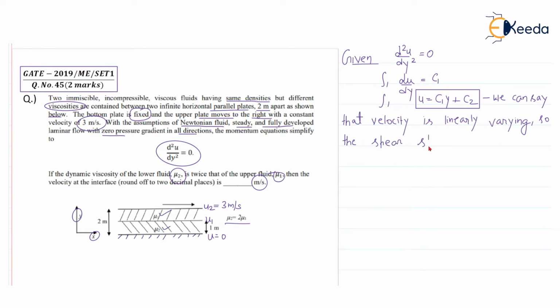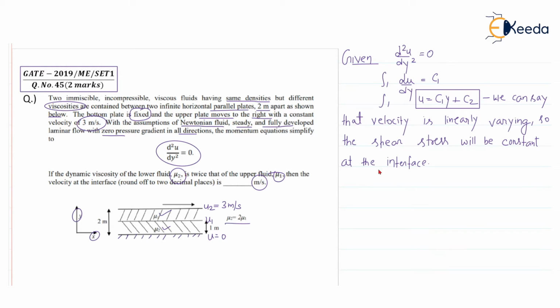Shear stress will be constant at the interface. So whenever you have a linear velocity profile between the two plates, at the interface when it is equidistant, then you have the same value of shear stress from the top and bottom plate.